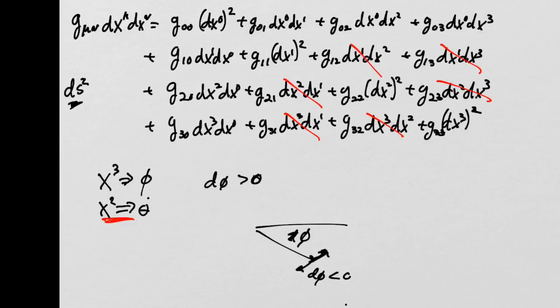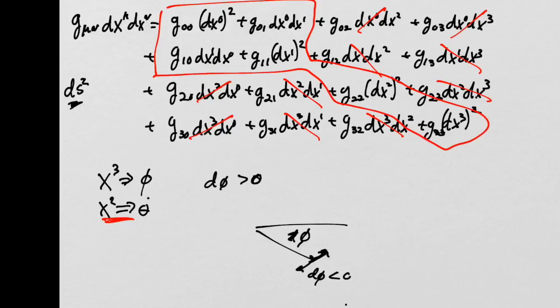We're all moving forward in time. It doesn't matter if you do a little bit of a swing to the left or the right; your path in spacetime should definitely be the same. So we're going to get rid of the dx0 dx3, the dx0 dx2 terms, and these two as well. That leaves us with the diagonal terms and then the dx1 dx0 pieces.